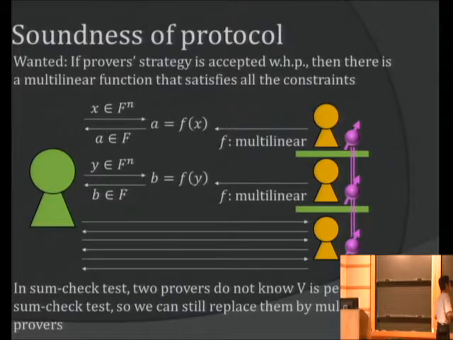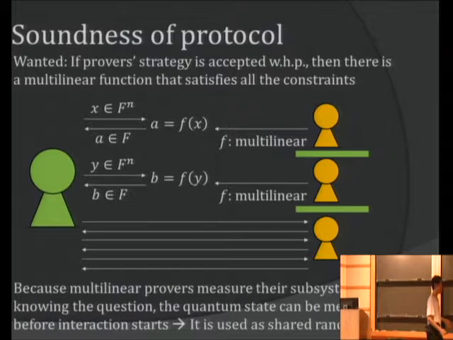And now these two provers measure the quantum state before looking at anything new from the verifier. This entangled quantum state is just used as shared randomness. So now we can apply the classical soundness of the third test, and we are done.